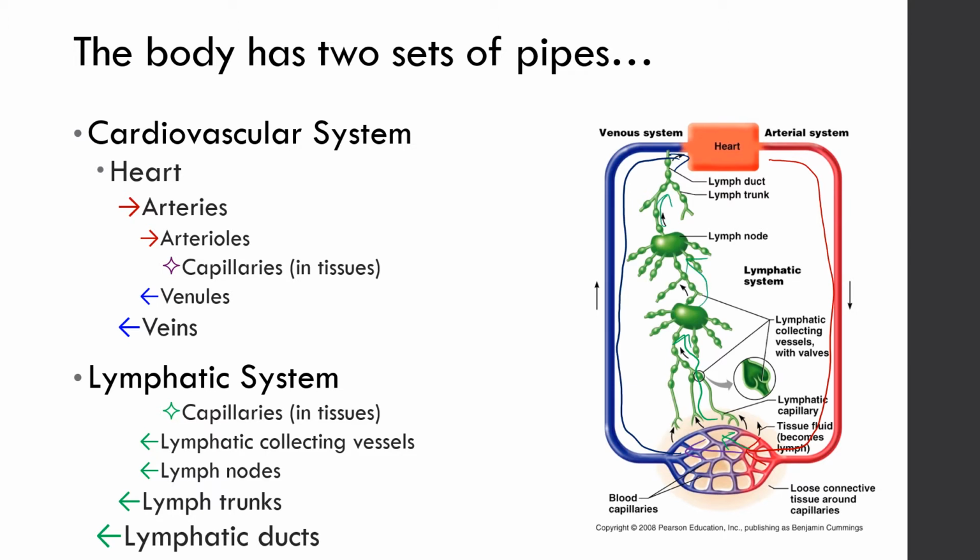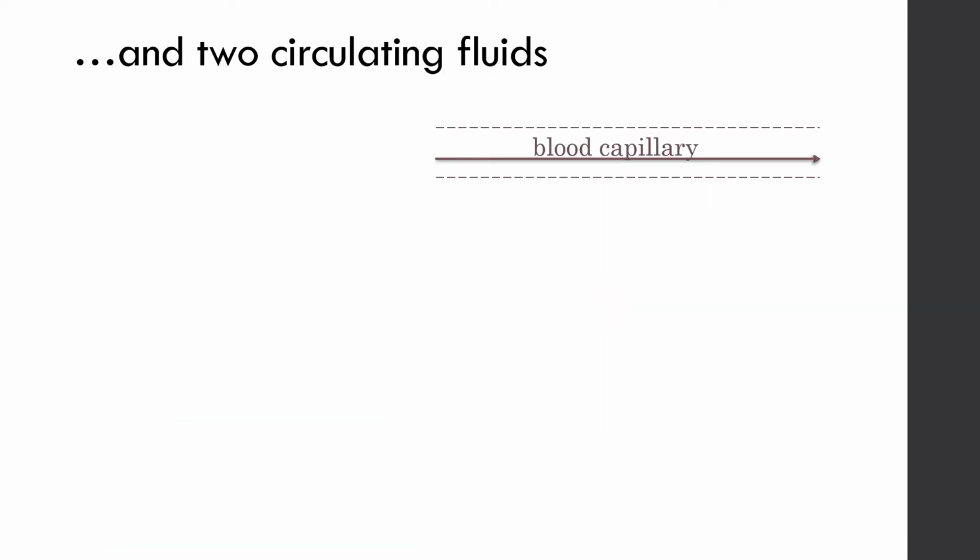Eventually it gets collected into lymph trunks, which all get collected into lymph ducts, which then return the fluid to the venous system just before it reaches the heart. So in a sense, the lymphatic system is kind of a half circulatory system. It picks up some of the fluid provided by the cardiovascular system and returns it ultimately to the cardiovascular system. So how does that work?